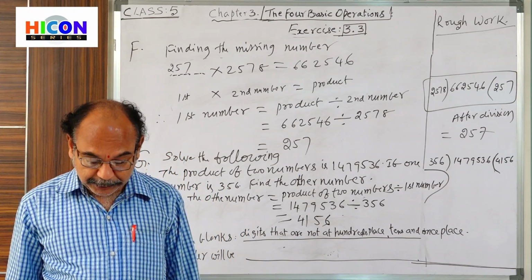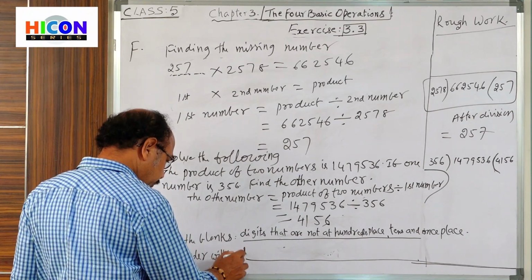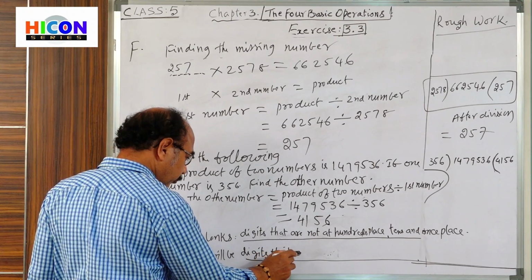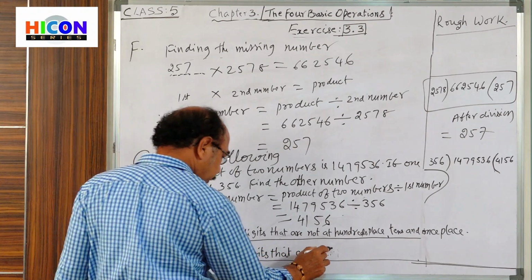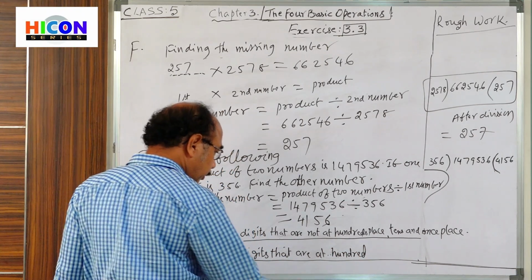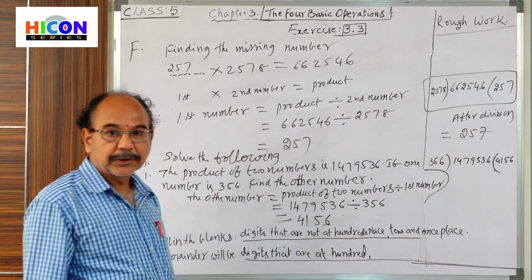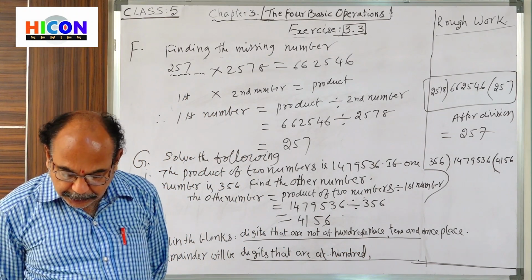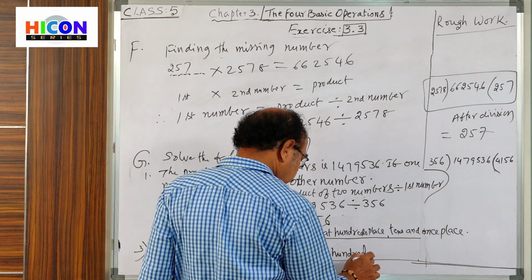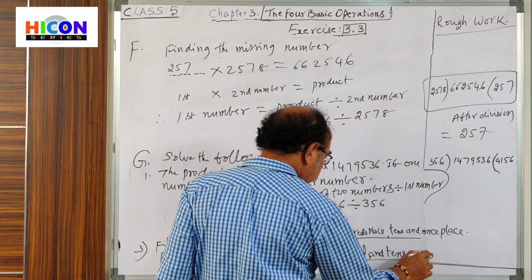In the blank, what have you written? Digits that are at the hundreds place. Right, children. Digits that are at the hundreds place and tens and ones place.